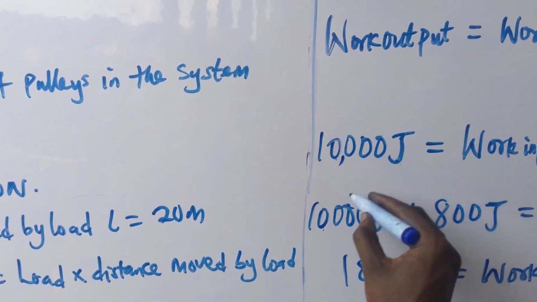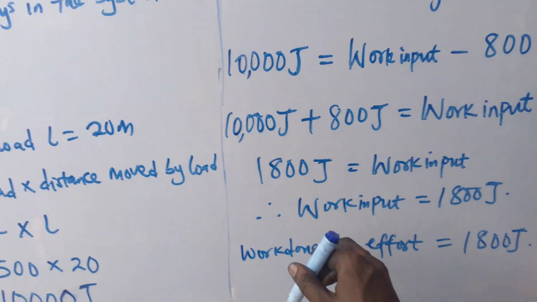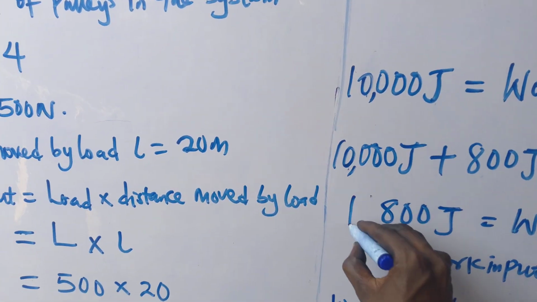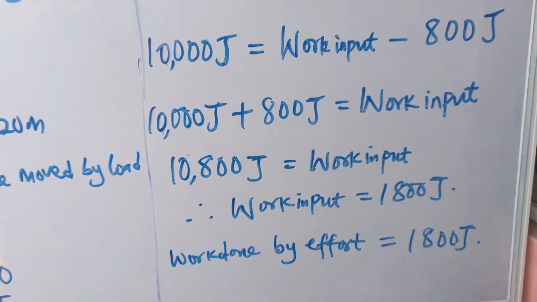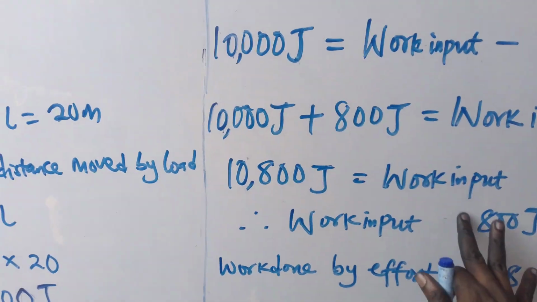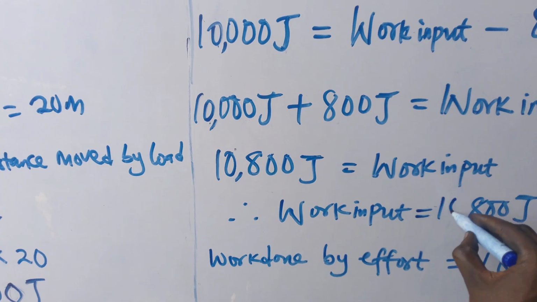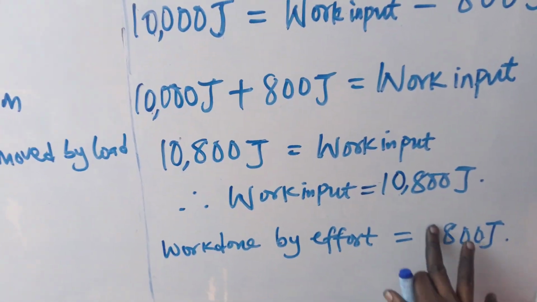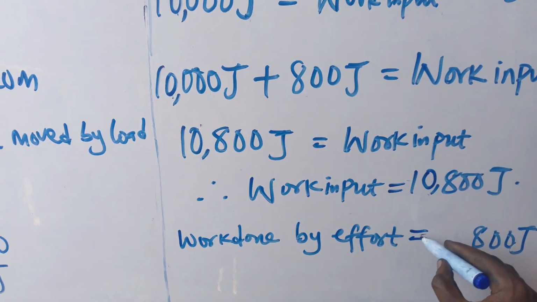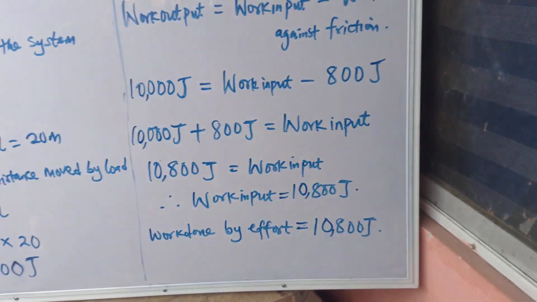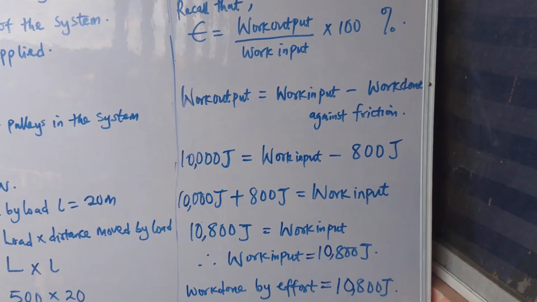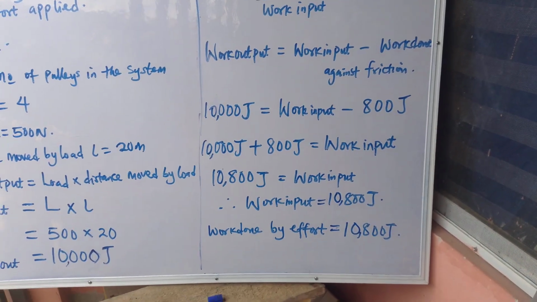It's 10,000 joules. So 10,000 plus 800 will give you 10,800. Okay, so my work input is 10,800 joules, not 1,800, please. All right, please just take the little correction.